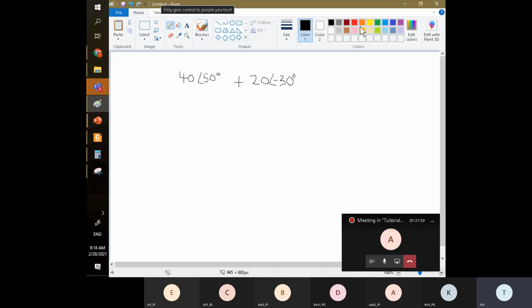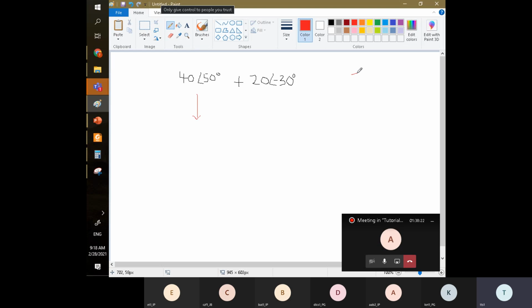This one, from polar form to rectangular form. Why do we need to convert? Why can we not just do it right away? Because this is an addition, and addition doesn't work with the polar form. Polar form is not easy to add together, so we need to convert to rectangular form.